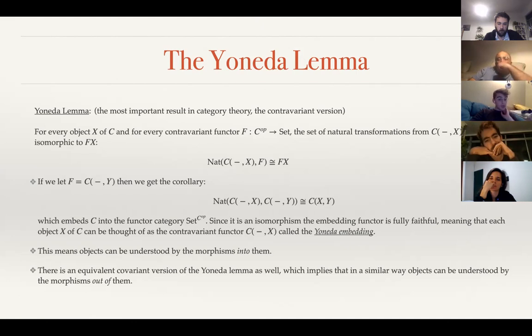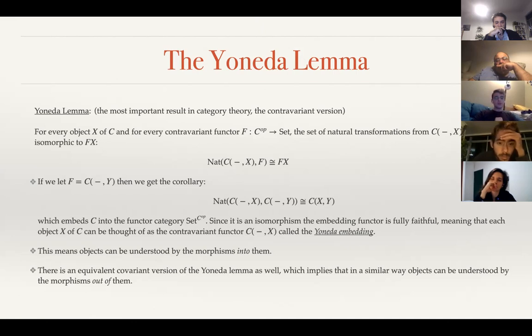So what this is saying is understanding the object X is equivalent to understanding arrows that go into it. That's what this is. The C of this dash comma X is a functor, right? So it takes in an element of the category and gives out a bunch of morphisms.